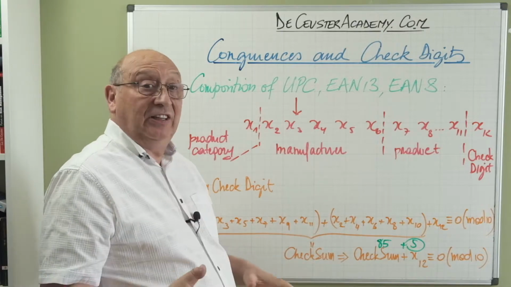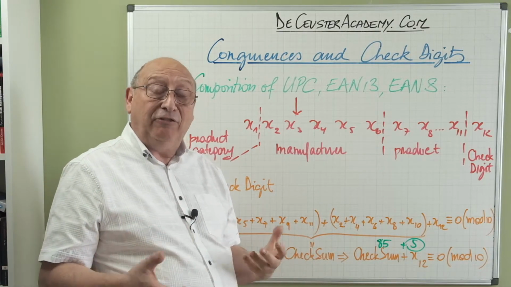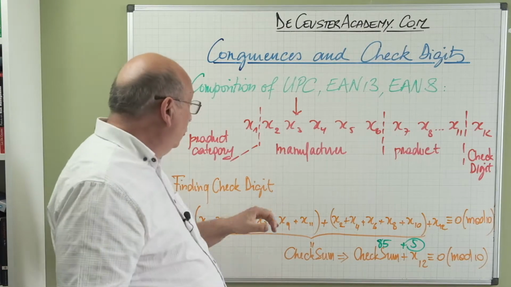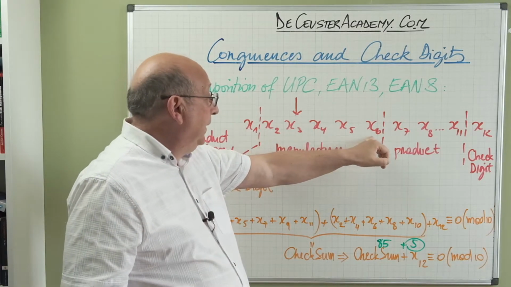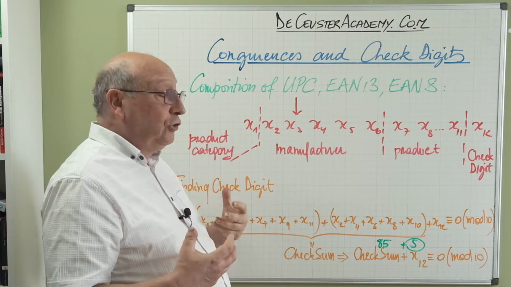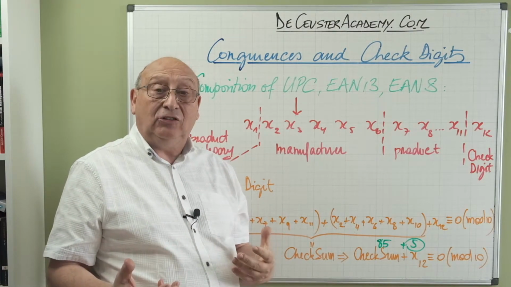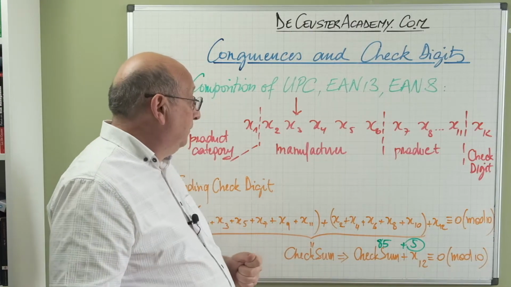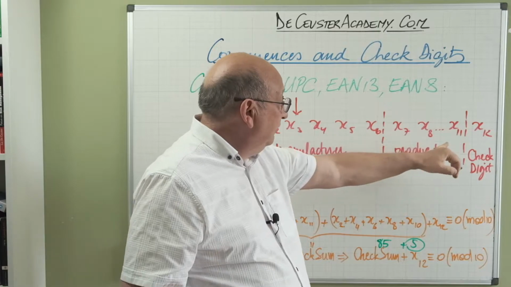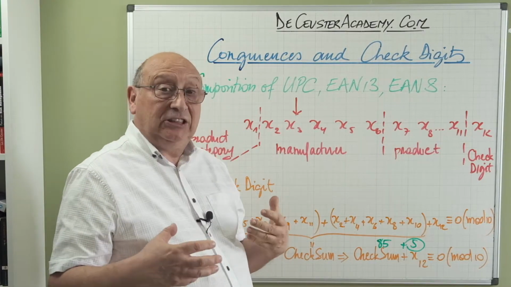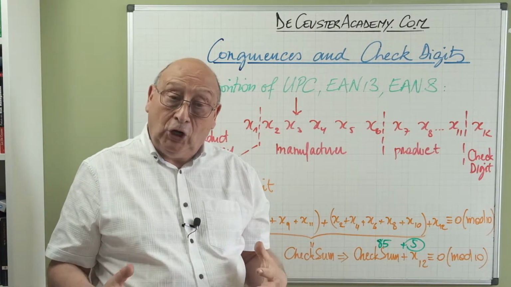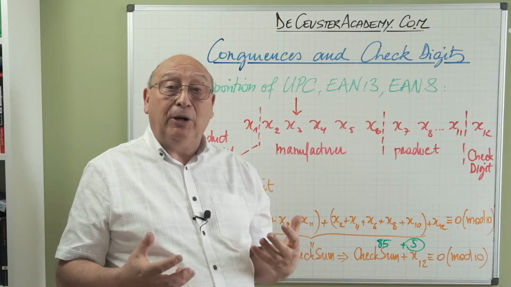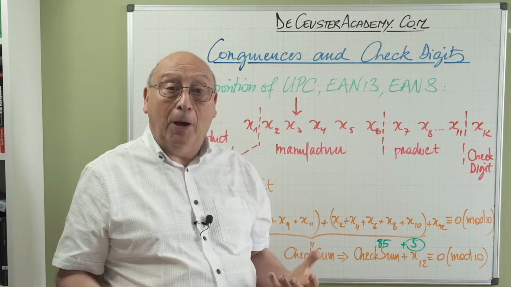You are registered as a manufacturer, and every manufacturer has a code, and that code is from X2 to X6. Those code numbers represent the company that's producing these products. The next, from X7 till X11, is the specific product code, the product that you're creating within your company. So every product has to have a specific number.